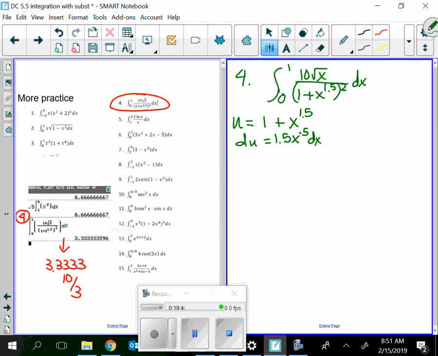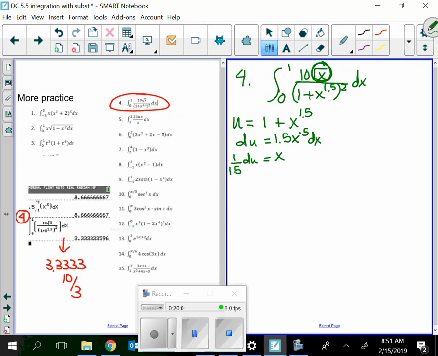I skipped that middle step. Now, I don't have a 1.5. I have the x to the 1/2, right there it is. So I'm going to divide by 1.5. Yeah, that's 1.5, isn't it?